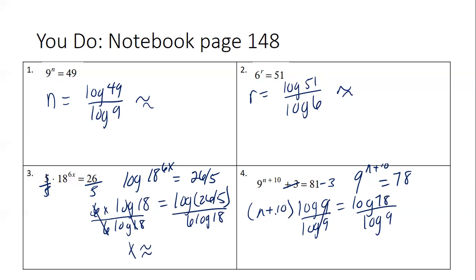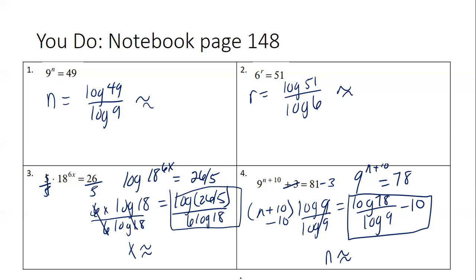Now, how do you move a plus 10? You minus the 10. So that's your exact, and then you put it in the calculator to find your approximate. These are what your exacts should have come down to. 4 would probably be the quote unquote hardest it would get.